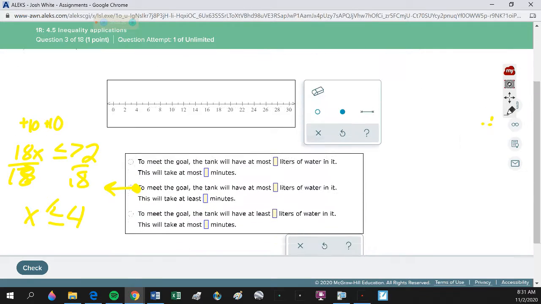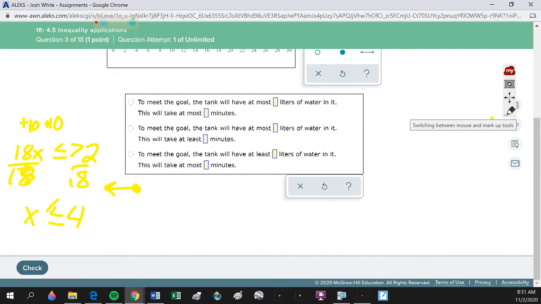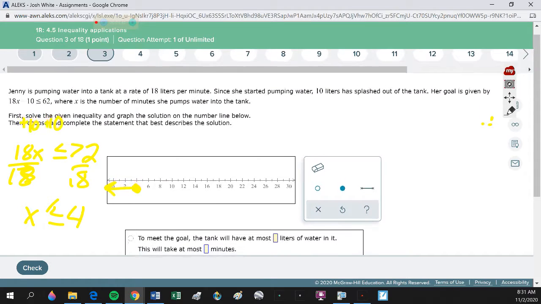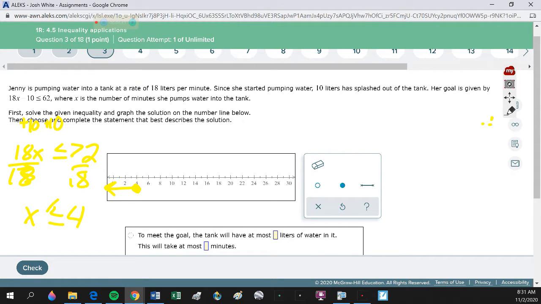Now there's a second set of questions here. To meet the goal, the tank will have at most 4 liters of water in it. Sorry, wait a minute. That's not right.